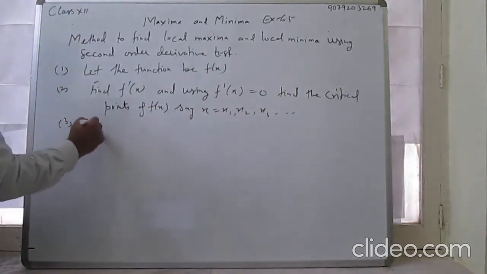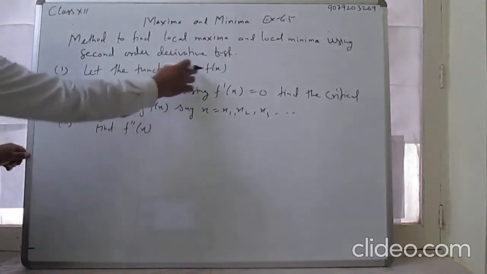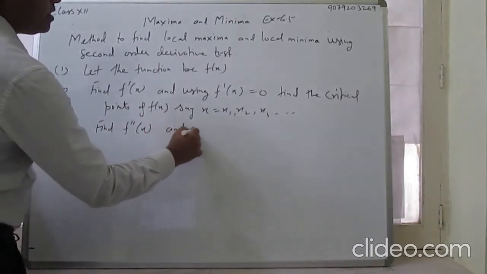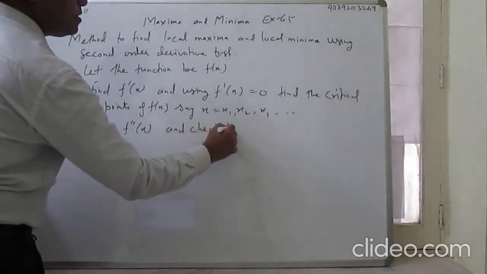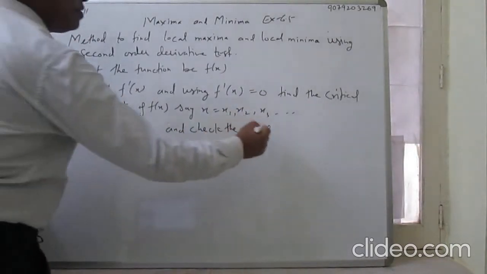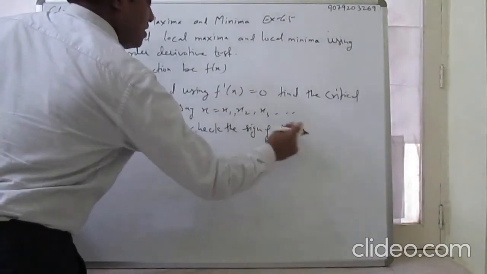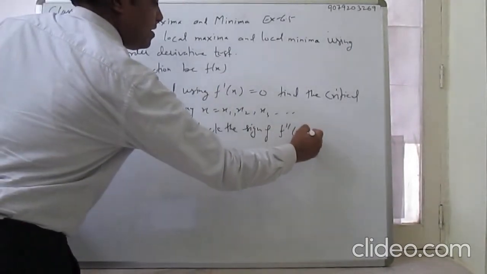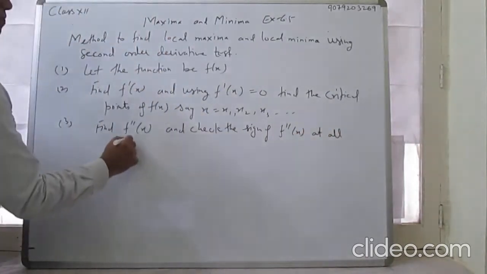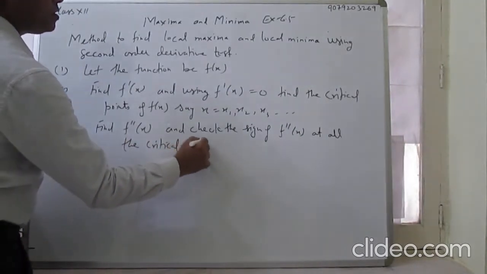Third, find f double dash x, the second order derivative of f(x), and check the sign of f double dash x at all the critical points.